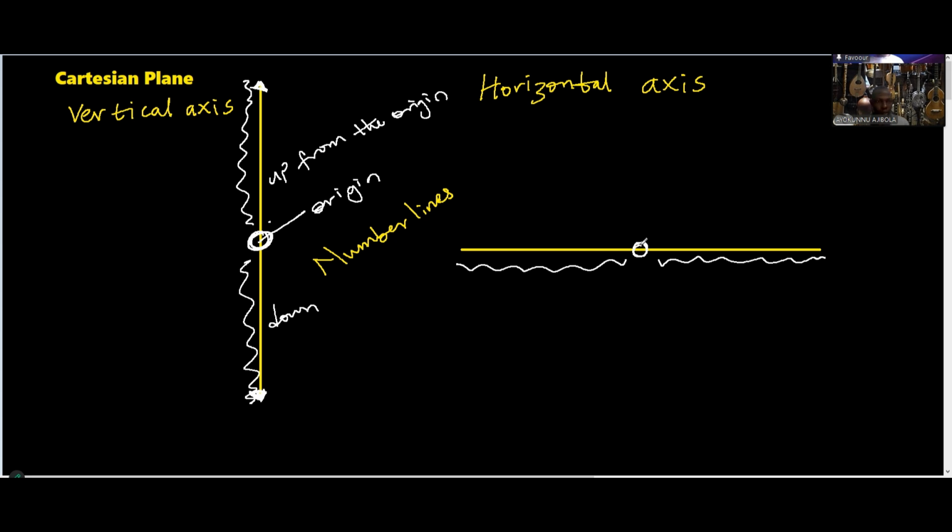And this other horizontal goes left from the origin, and this goes right from the origin. So the direction must be shown on the lines. Now we will have to join these two lines together to form a Cartesian plane.